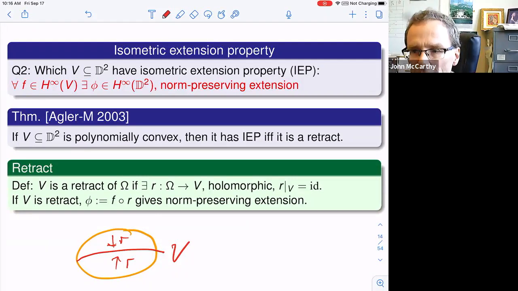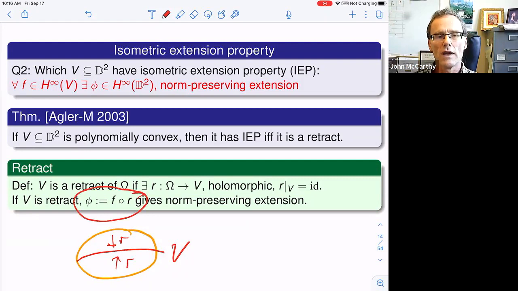And it's completely immediate that if you do have a retract, then it always has the isometric extension property, because given any function f on V, I can always give you an extension to the whole set by just looking at f composed with the retract R. So that will always have exactly the same range as f.